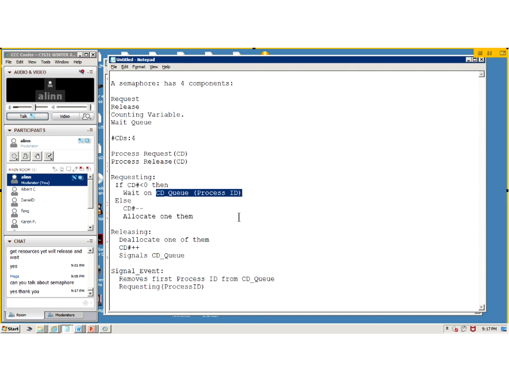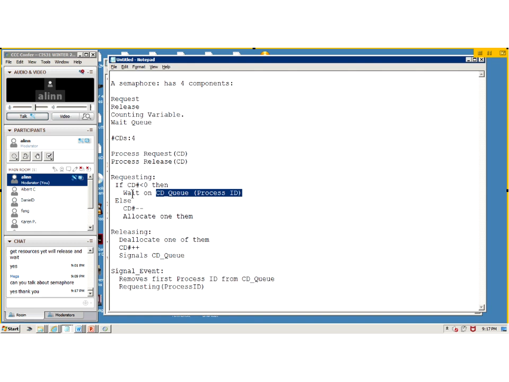And I have a bunch of questions on the test regarding shared data. So you really need to understand that concept of shared data, that you really need to lock and protect.